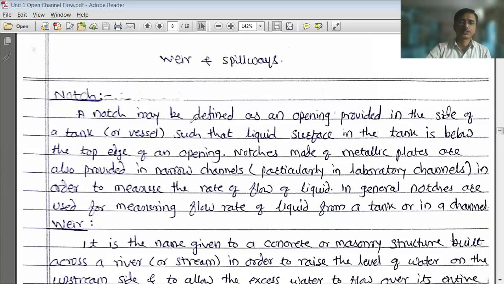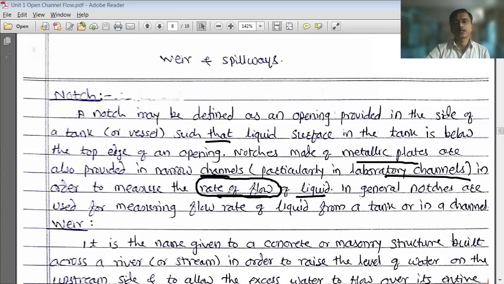So let us read the definition here. A notch may be defined as an opening provided in the side of a tank such that the liquid surface in the tank is below the top edge of the opening. Notches are made up of metallic plates and are provided in narrow channels, particularly laboratory channels, in order to measure the rate of flow of the liquid. त्यासाठी वापरलं जातं to measure the discharge or rate of flow.